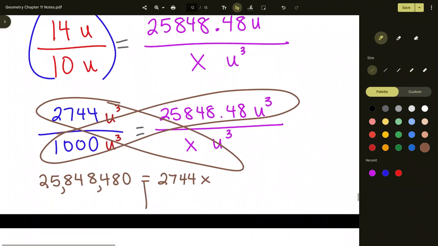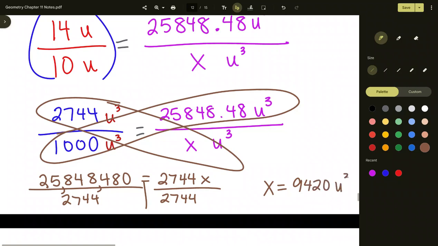All right, little tiny t-chart says divide by 2744. And my x number, which is my unknown volume, comes out to 9,420 units cubed. So the volume of that smaller cylinder is 9,420 units cubed.